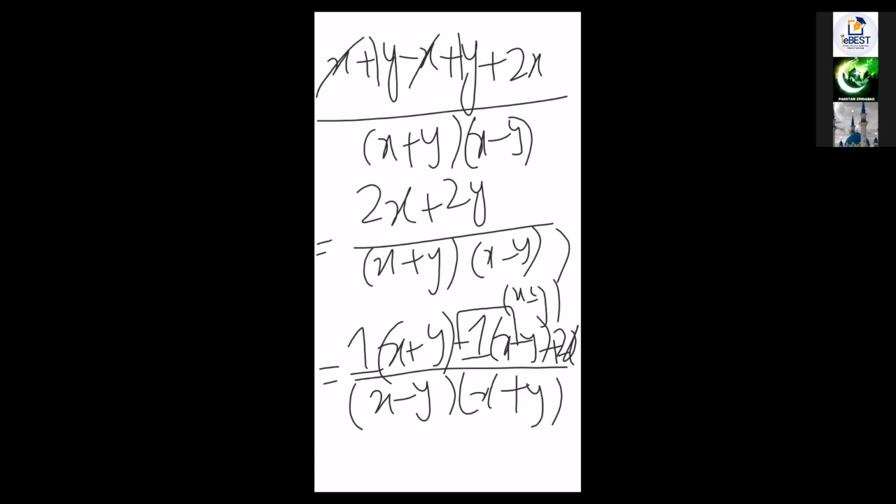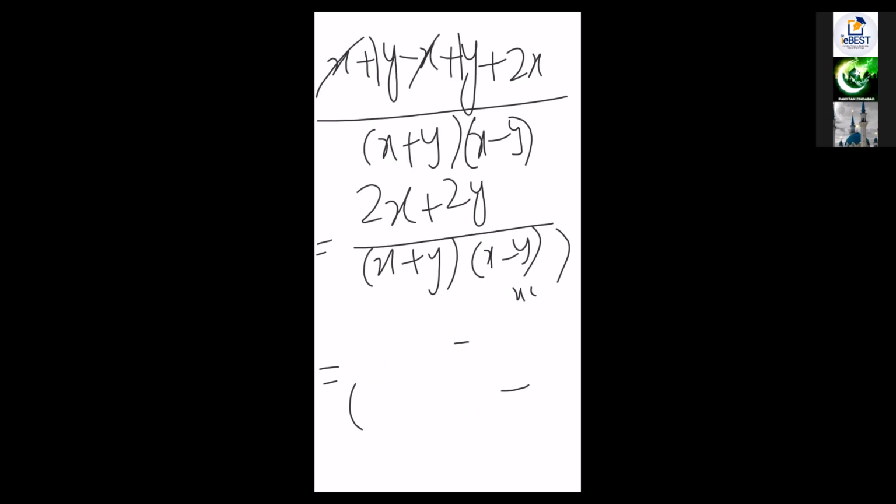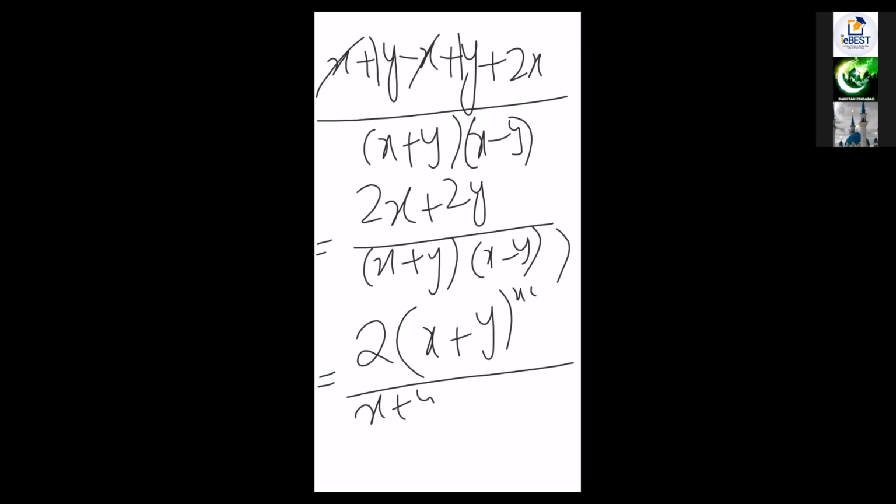Now, what is the common number or common variable in the numerator? The 2. Exactly, we're going to write 2 outside. Then we're going to write x plus y divided by x plus y, x minus y.